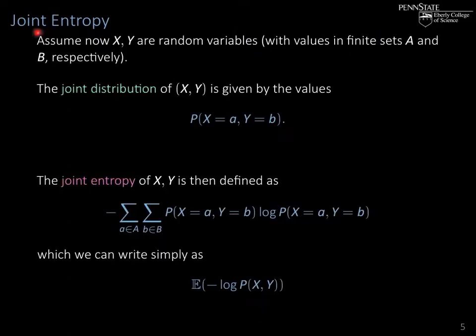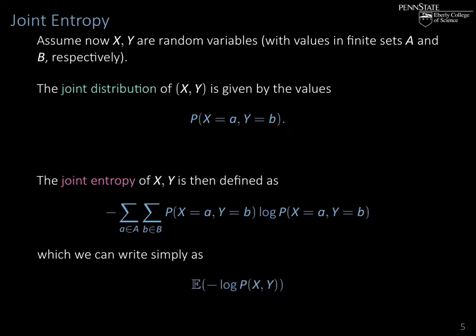Next, we introduce joint entropy. So that's a value for two random variables. Assume now X and Y are random variables with values in some finite sets A and B, respectively. And the joint distribution of X, Y is given by these values, the probability that X is equal a and Y equals b.